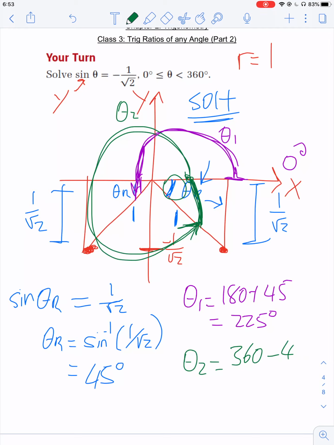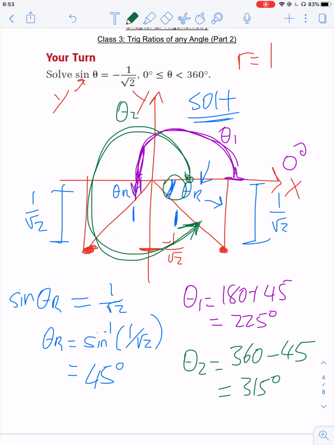So let me remove all this because it looks really ugly. So if you work this out, it will be 315, I think. 360 minus 45, 315 degrees.